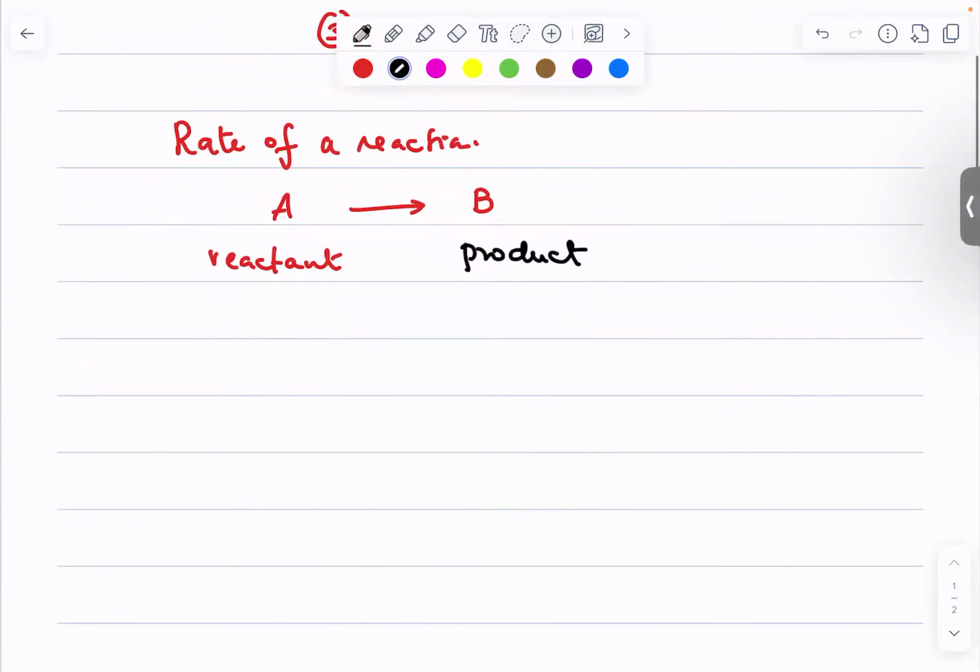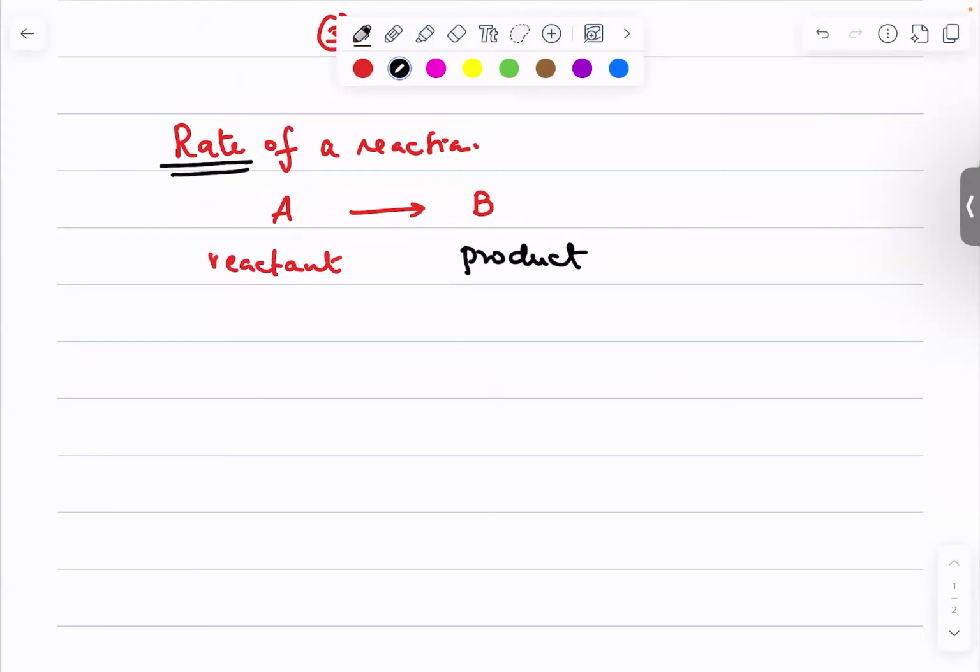Now, Anika, you can measure rate in two ways. You can measure the rate in terms of reactants, or you can measure rate in terms of product. Because when the reaction takes place, the concentration of the reactant would decrease as the reaction progresses, and the concentration of the product would increase.